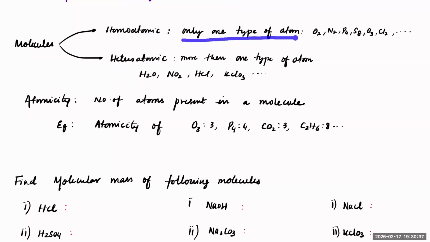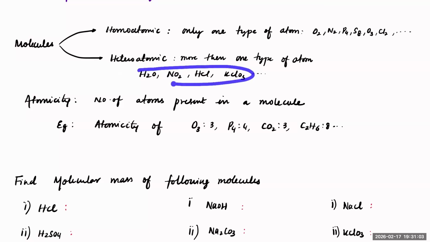If only one type of atom is present, like O2, N2, P4, S8, O3, Cl2, and so on, these are what we call homoatomic species. But if you have multiple different atoms, then it is called a heteroatomic species, like H2O, NO2, HCl, KClO3, and so on. Got it?